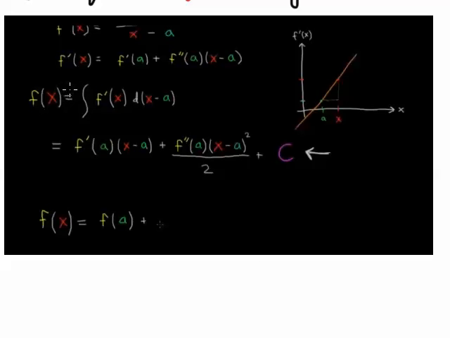This is just telling us how to get f of x from f prime of x by taking the integral of f prime of x dx minus a. So I think you would plug in limits of integration from 0 to delta x if you wanted to think of it as a definite integral.